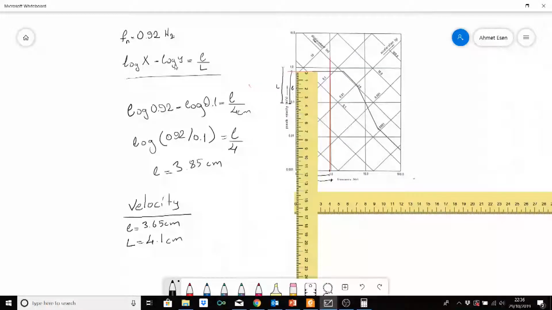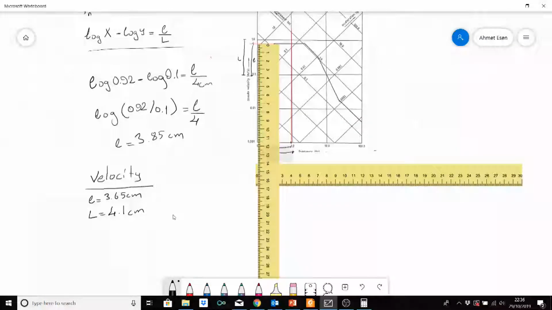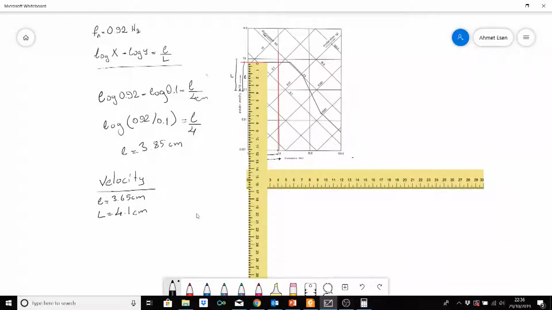Okay, now let's go to this equation. Logarithmic v, we are looking for velocity. We don't know this one. Minus log 0.1. It is this value 0.1 because this v value is in between 1 and 0.1, and we are taking the smallest value. So it's going to be 0.1, and this is going to be equal to l over capital L, 3.65 over 4.1.